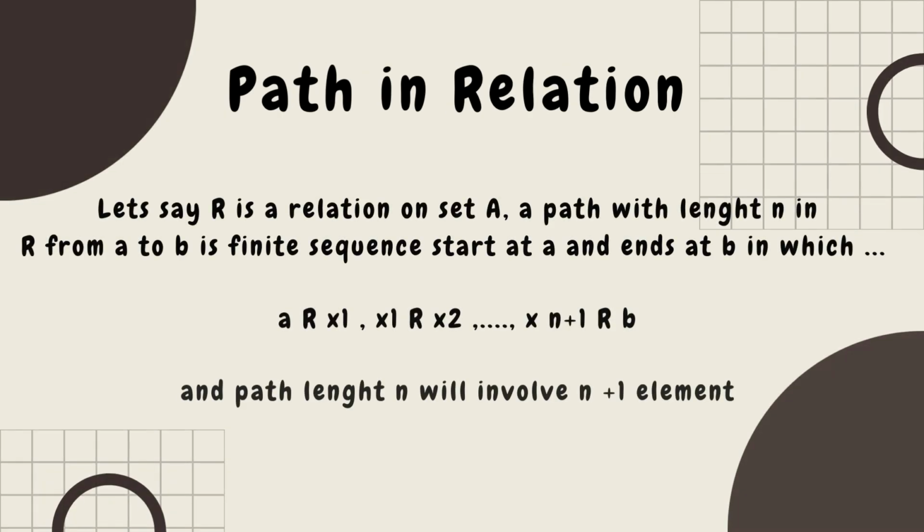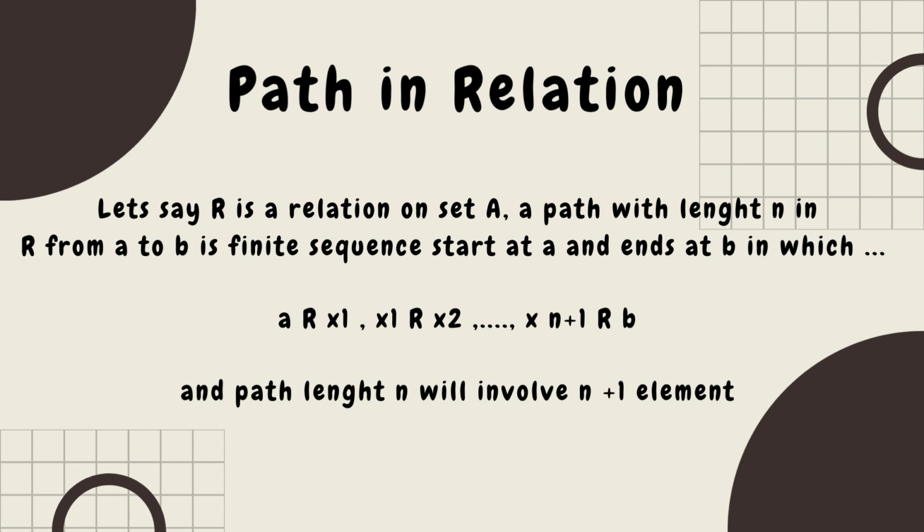Now we have reached the topic path in relation. Let's say we have a relation R on a set A. A path of length n in R from element A to element B is defined as a finite sequence that starts at A and ends at B. This sequence can be represented as shown in the slide.